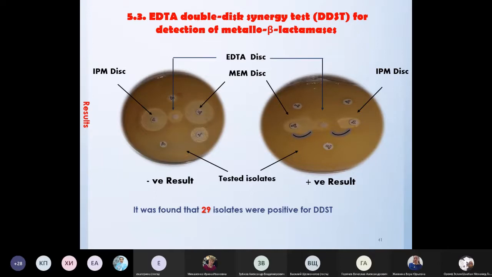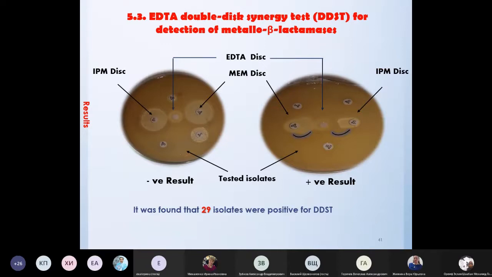Finally, we made what is so-called the EDTA double disc diffusion test. This test is specific for a certain type of carbapenemases called metallo-beta-lactamases, metallo because they contain zinc in their structure. In the middle we put a disc of EDTA, and the tested isolates were cultured, and we put imipenem discs.